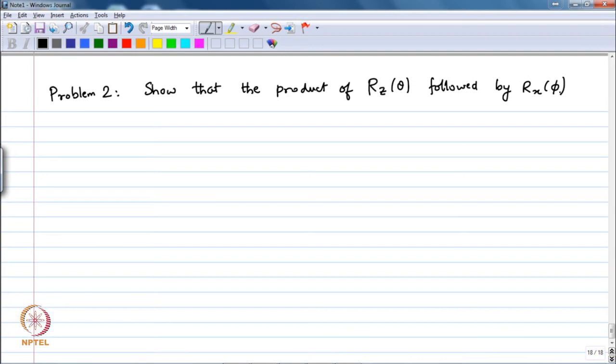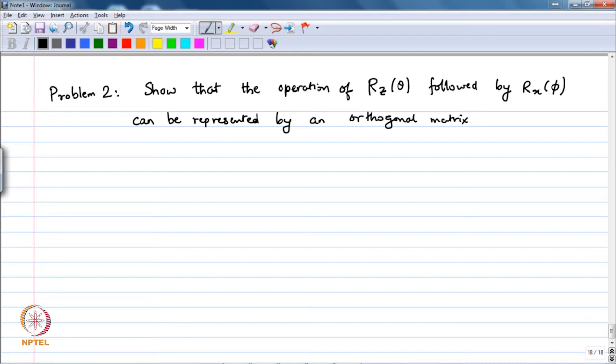Show that the operation of R z theta followed by R x phi can be represented by an orthogonal matrix. Let me not call it a product. What I mean is you show it explicitly, so let's try to show this explicitly.